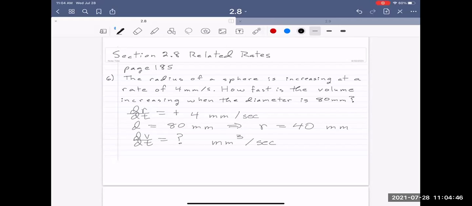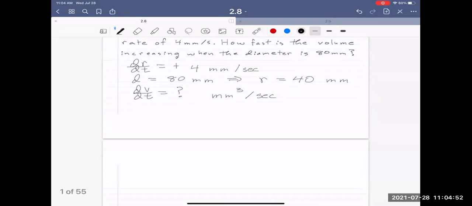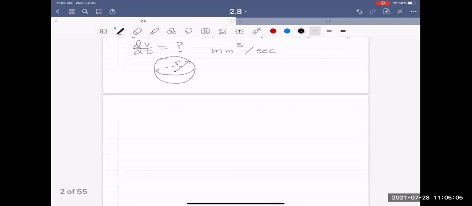So let me draw this. I have here a sphere of radius R. And so the volume. So the real question is, does anyone remember the volume of a sphere of radius R?